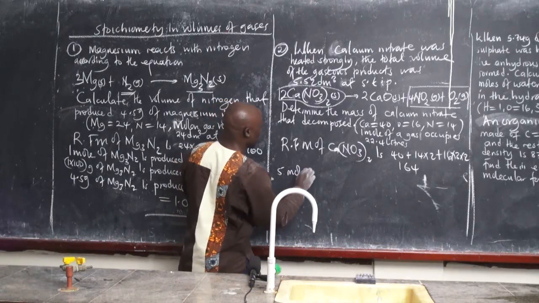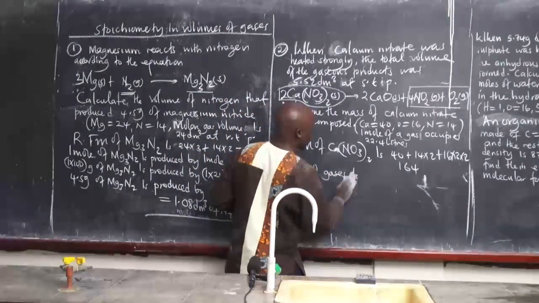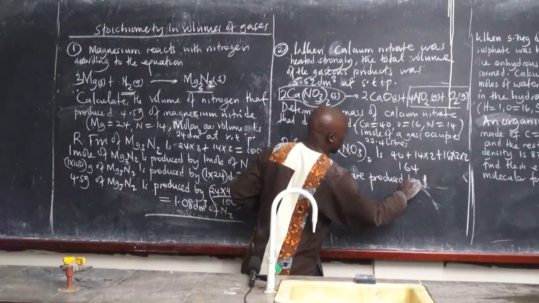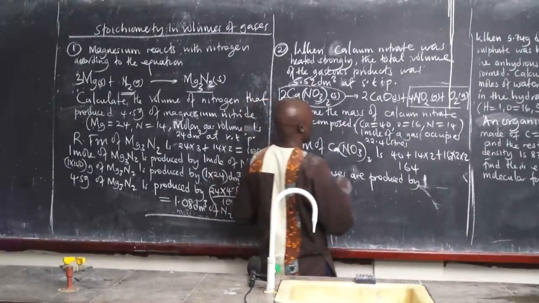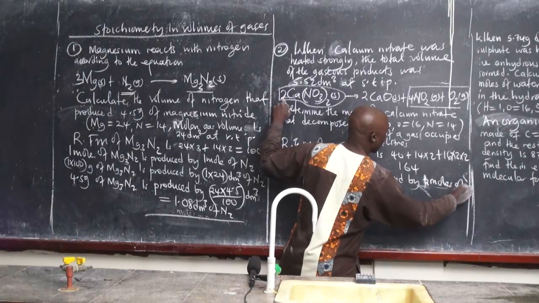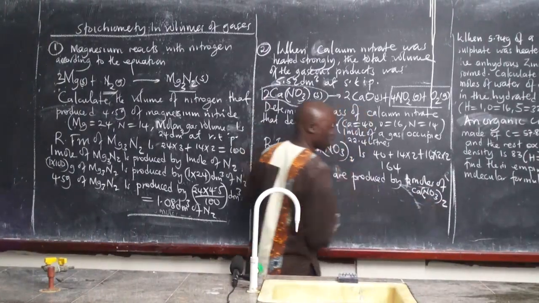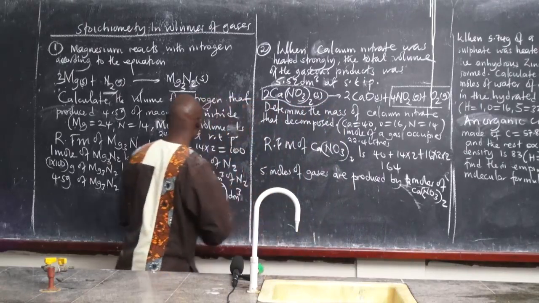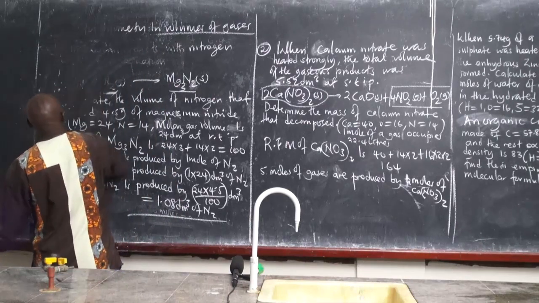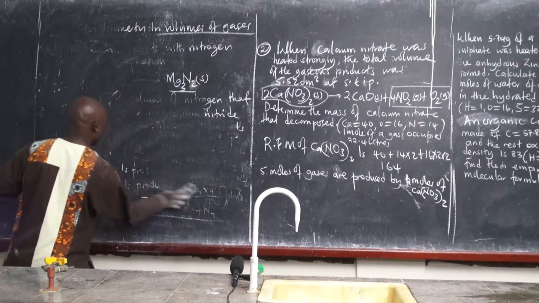5 moles of the gases are produced by 2 moles of calcium nitrate. Let me shift it up here, since down there is not very visible.